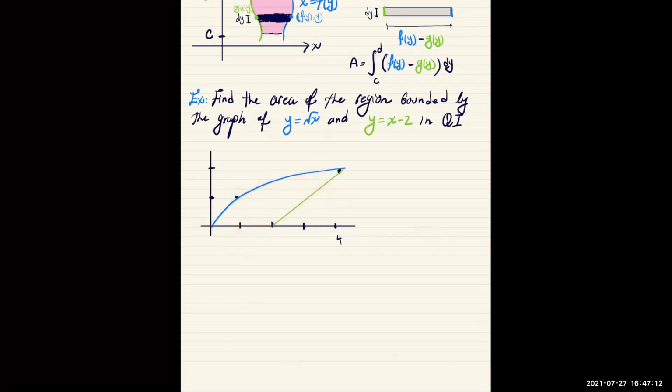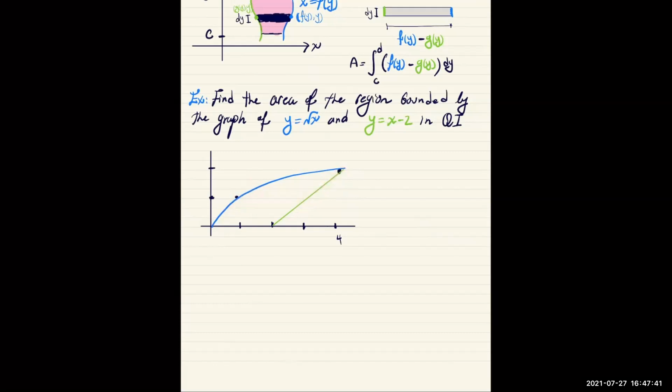But now, if I were to take my rectangles horizontally like that, the question is, what's the right bound? What's the left bound? No matter how I draw my rectangles, the right bound is the green graph and the left bound is the blue graph.